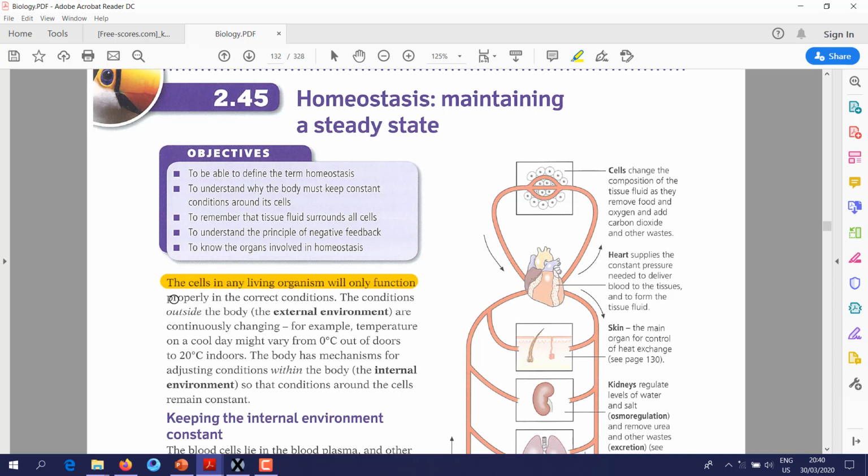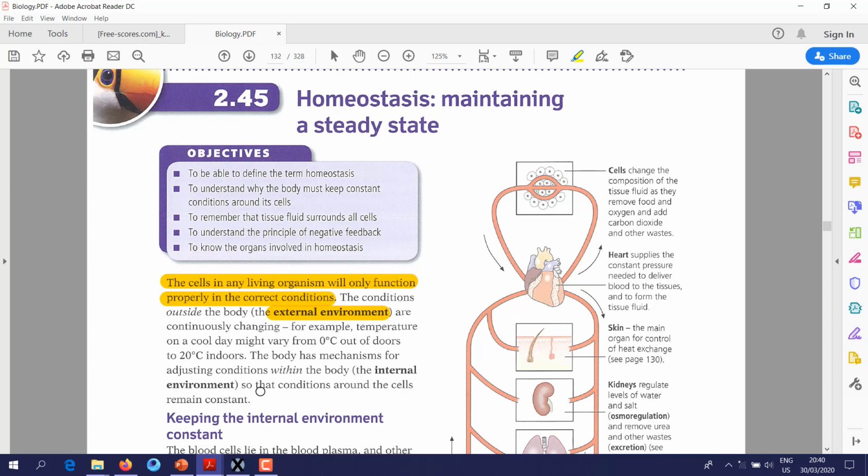The cells in any living organism will only function properly in the correct conditions. So what do we mean by conditions here? One of the conditions is the temperature. The conditions outside the body, we call them the external environment, are continuously changing, as we just explained.